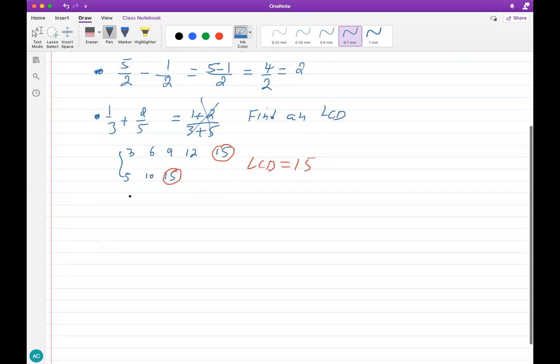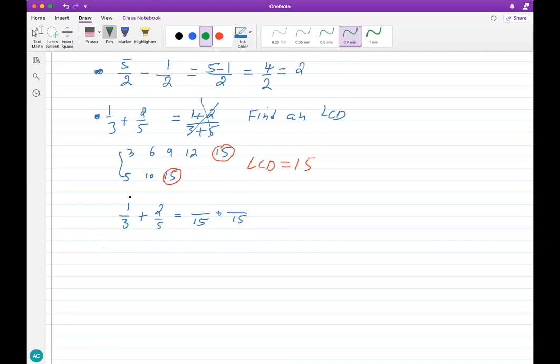So let's rewrite those two fractions, plus 2/5. Basically, I want these to turn into new fractions with the same number here, which is the LCD, which is 15. So I want to have 15 here and 15.